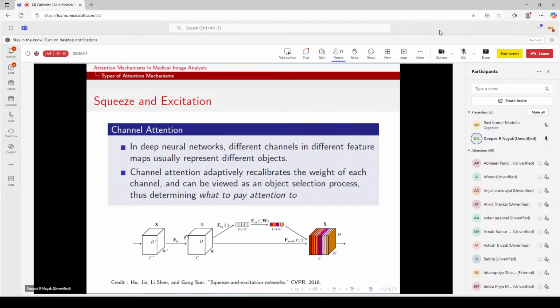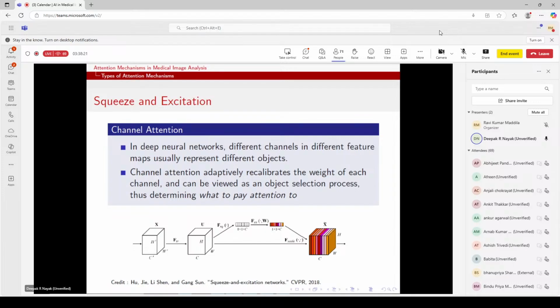If there are C number of channels, there must be C number of weights, and those weights will be multiplied with the feature map of each channel. Based on those weights, you can decide which of the channels are important for us and which are not.